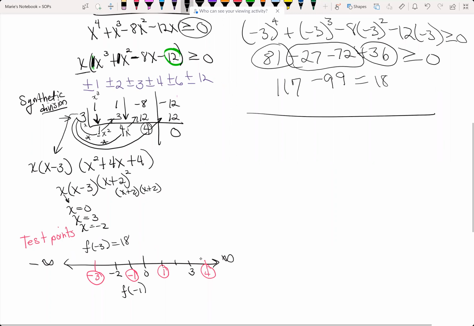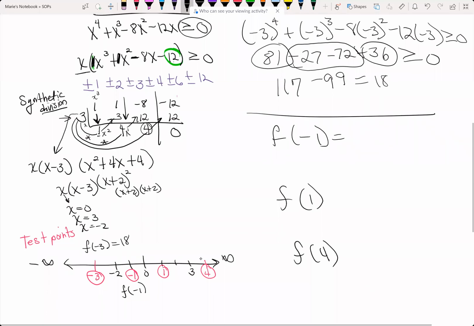And I repeat this for f of negative 1. I'll do this for f of 1, and I'll do this for f of 4. Basically just plugging it into each equation and solving. And so in doing so, we arrive at our varied answers.